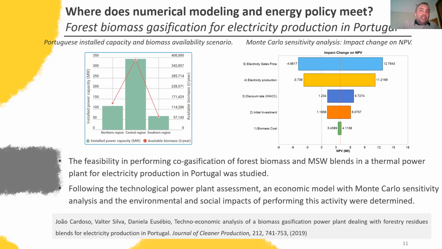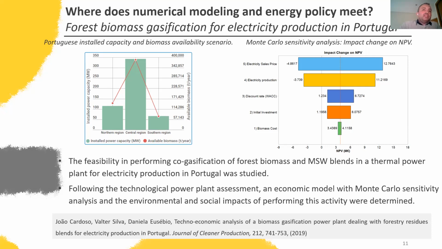This is another example. There was a great discussion in Portugal about whether power plants with biomass should be at 1 megawatt and scattered along Portugal, or if we should select just a few power plants, but with a large capacity, about 10 to 15 megawatts. What we did was study, in technical and economic terms, whether it would make any sense to have such big facilities in Portugal.